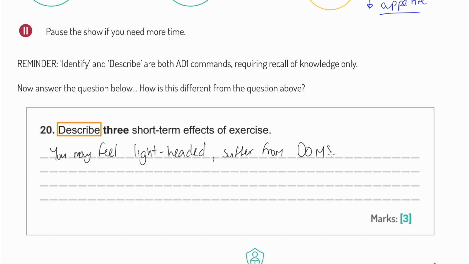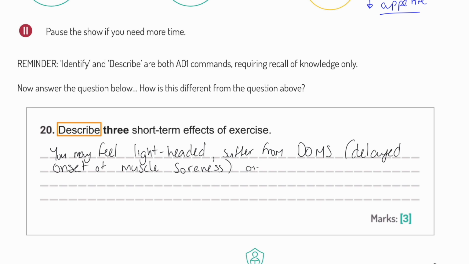Now, no one's ever told me not to use the acronym, so I'm going to use that here. In fact, I tell you what, I'm just going to do good practice. Let's put it in there. Should have done this the other way around with the DOMS in the brackets. Delayed onset of muscle soreness. We don't want to lose a mark because we've written DOMS. I'm sure DOMS would be fine, but I'm just going to make absolutely sure.